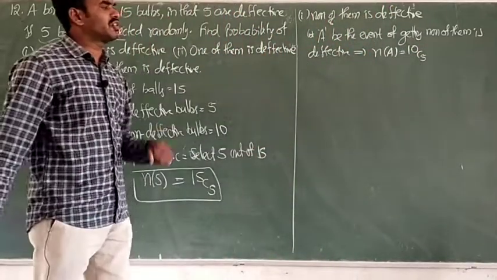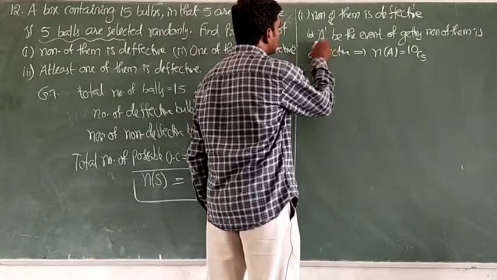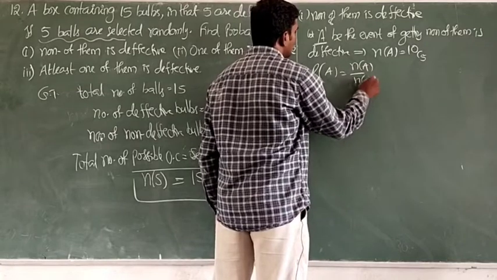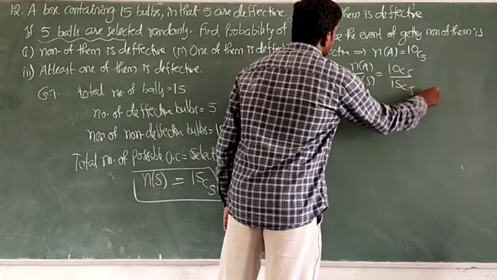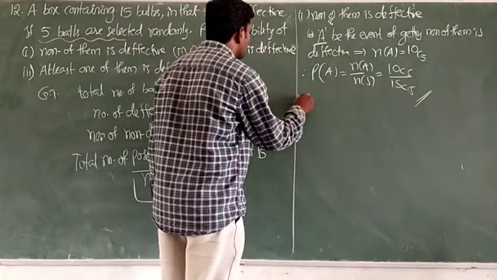Okay, got it, numerator. Therefore probability of none of them is defective, that is taken as A. That's why probability of A is formula n of A by n of S. So that is 10C5 by 15C5. This is the first question answer. Very simple, that's it. Just we should understand the concept, that's all.